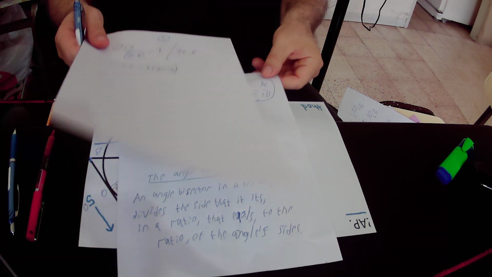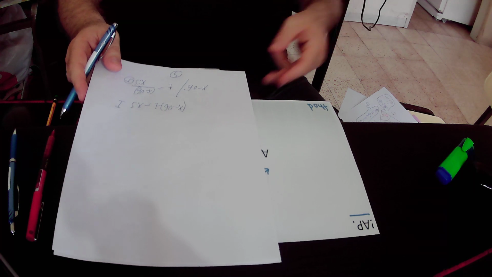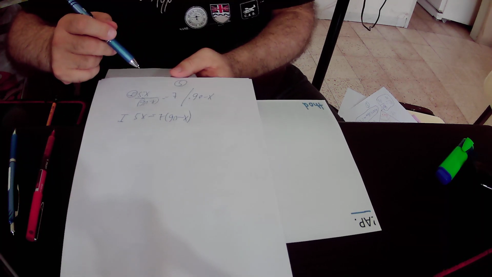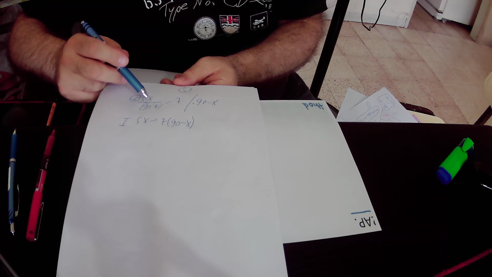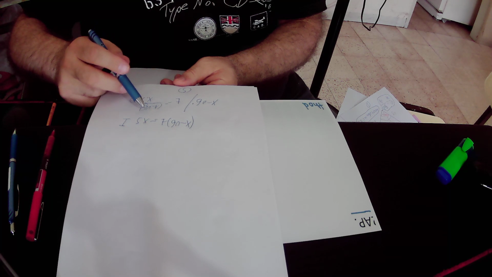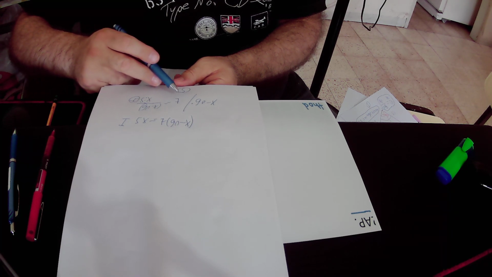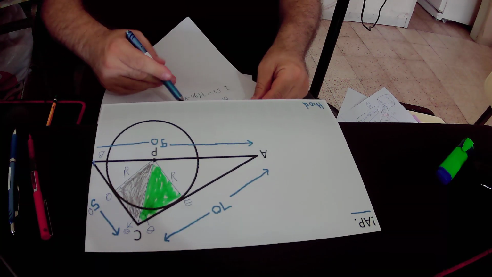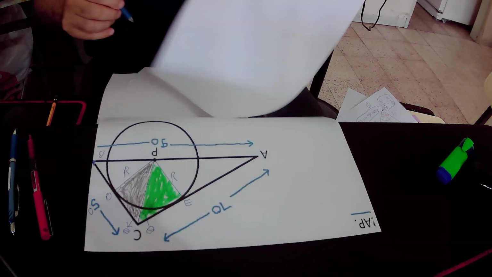So after we multiply both sides of the equation by 90 minus x, we get 5x equals 7 times 90 minus x. Now we will open the brackets.